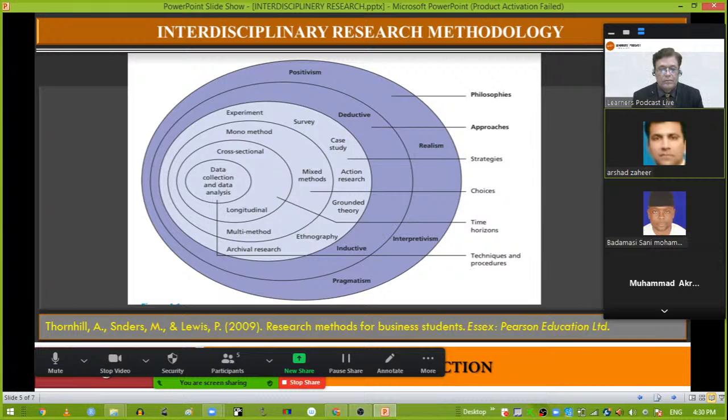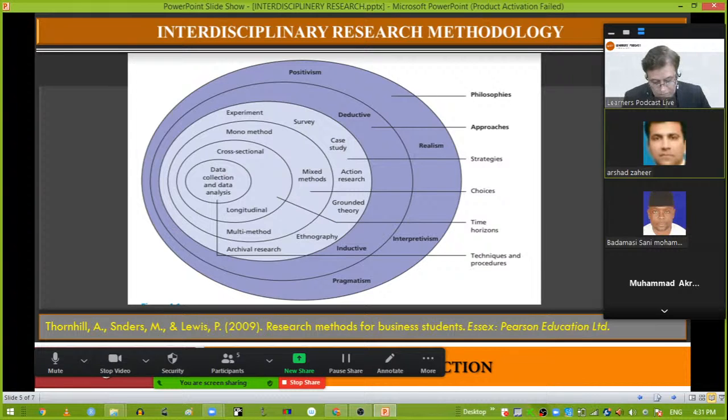All these layers, like philosophies, approaches and strategies, are interconnected with each other. Whenever we are able to decide about the research philosophy, accordingly we will have to define the research approach. That is the second important layer. After clarifying philosophy and approaches, we move more specifically to the research strategies to be adopted in our research.